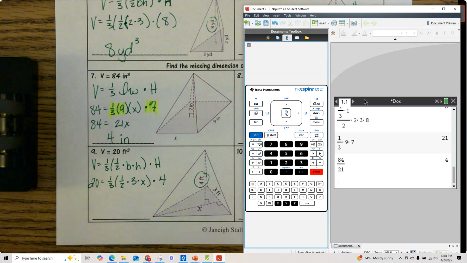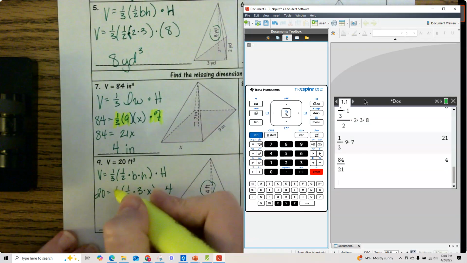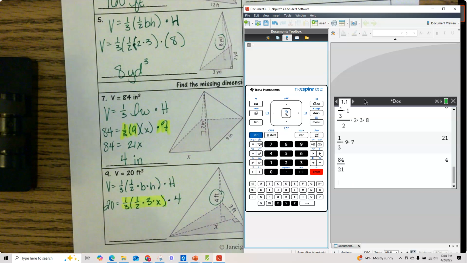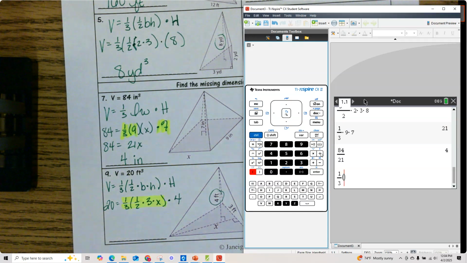This one is not as nice. I have to simplify this piece right here first. So I'm going to type that in with everything but the X. Parentheses, all that good stuff. Oh, I can't do it that way. Maybe I can. Let's see.